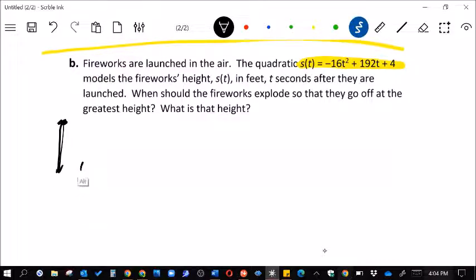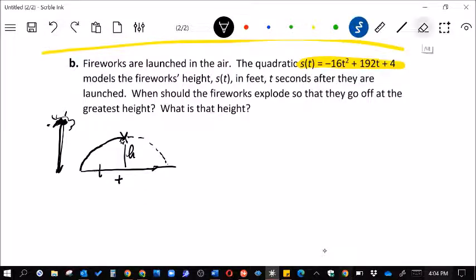Over time, they are fired up to a certain point and then blow up. What we want to know is the time and the height.